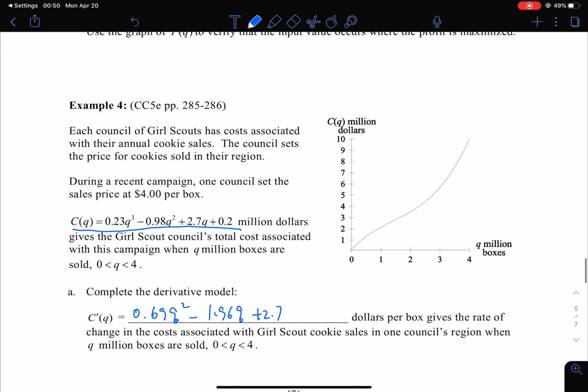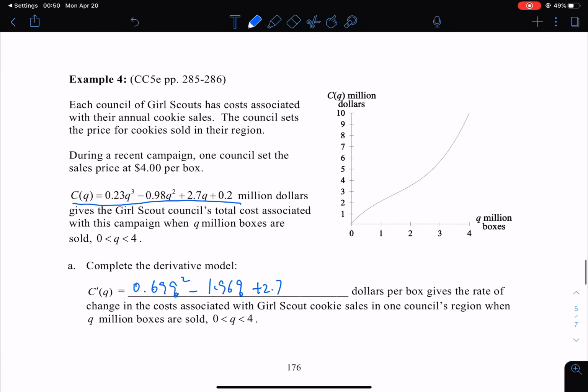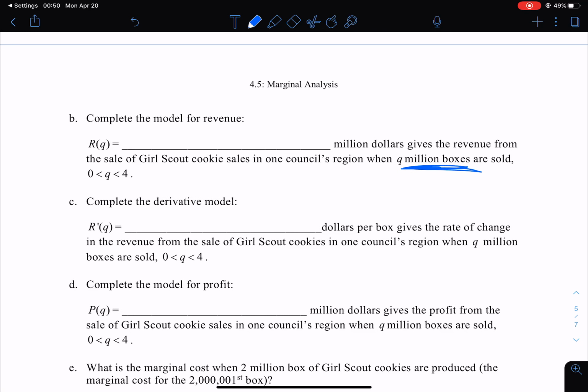So we have to find the revenue using this one. During a recent campaign, the sales price is actually $4 per box. Pay attention to the unit. It's $4 per box. But here, since we have million boxes, of course the revenue should be $4 million. Pay attention to the unit. It's just $1 million. So $4 million.